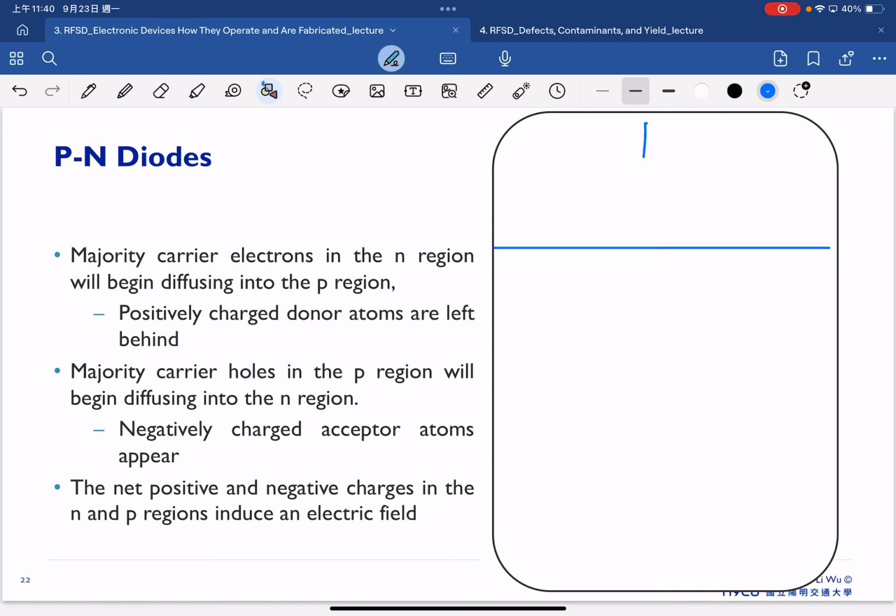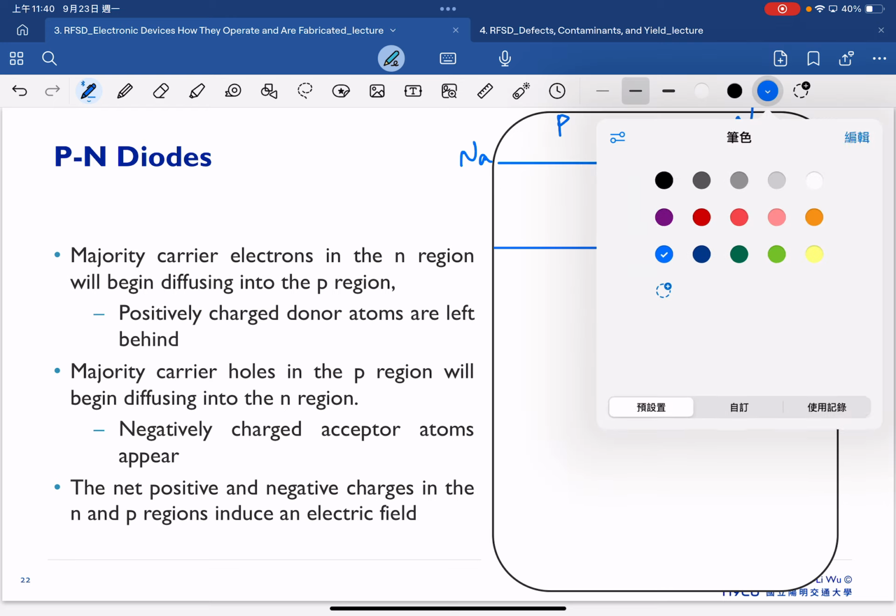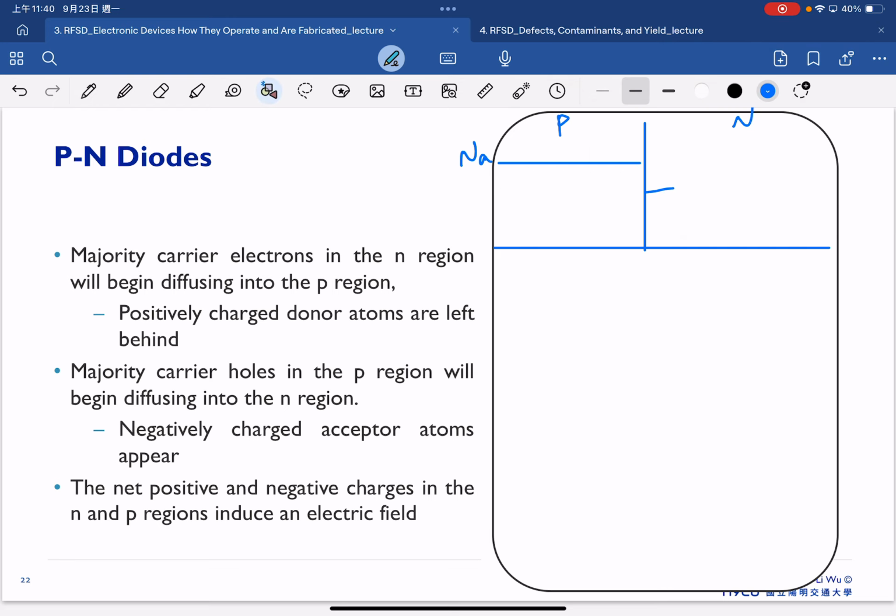this is a schematic to show we have the P on the left and the N on the right. On the P side we have the concentration Na, which represents the hole concentration. We have a concentration Nd that represents the electron concentration.